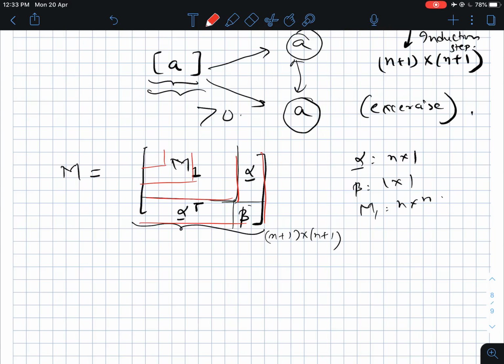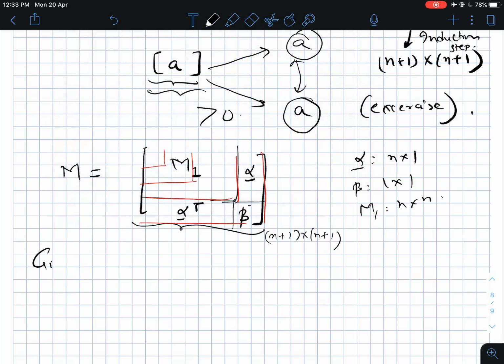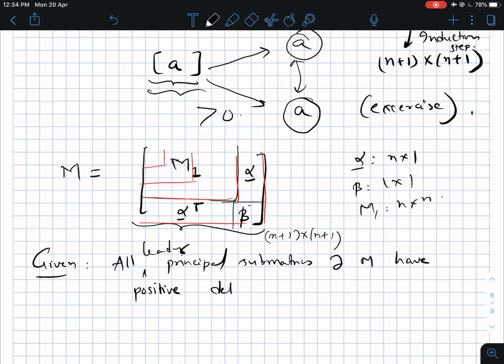Let me just write down very clearly what is given to us. All leading principal submatrices of M have positive determinant.